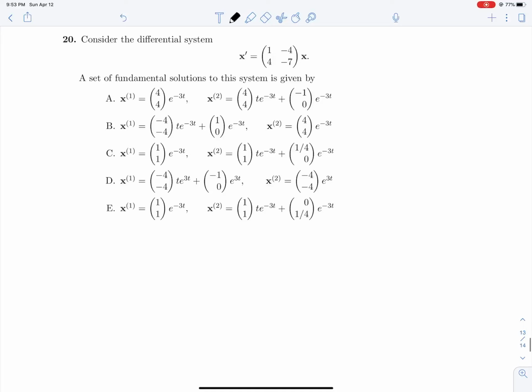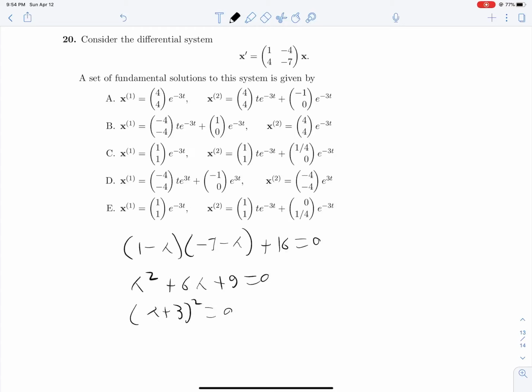So finding this single eigenvector, we're solving (1 - lambda)(-7 - lambda) plus 16 is equal to 0. Lambda squared plus 6 lambda minus 7 plus 16, which is plus 9, is equal to 0. This is (lambda + 3) squared is equal to 0.